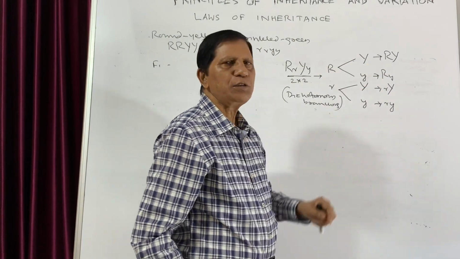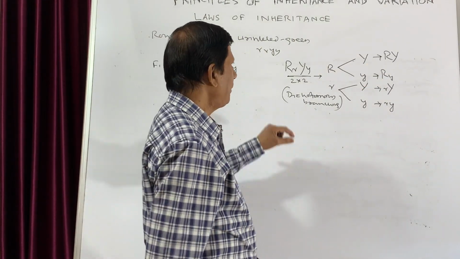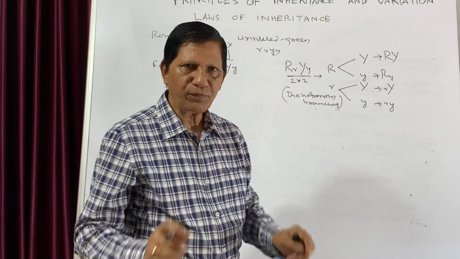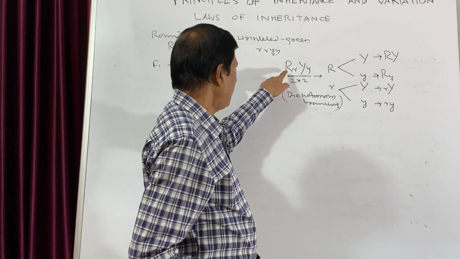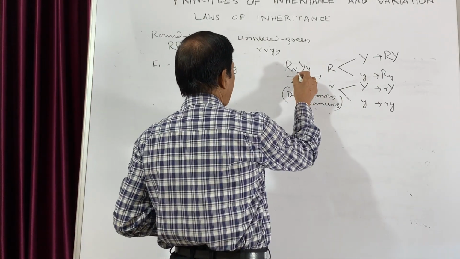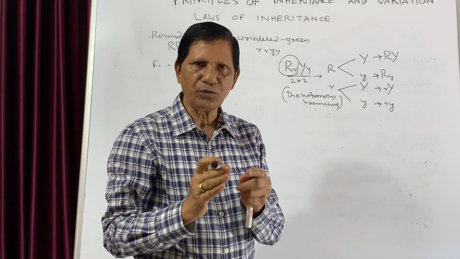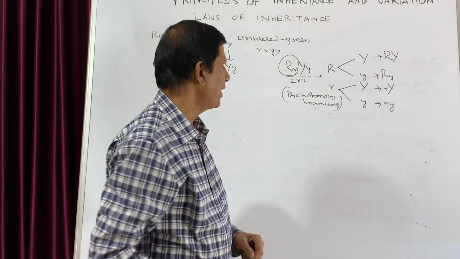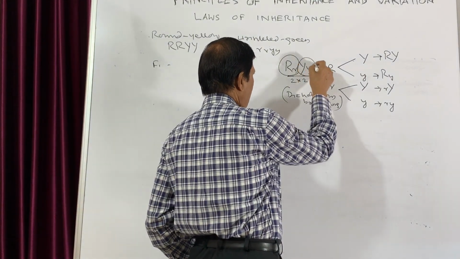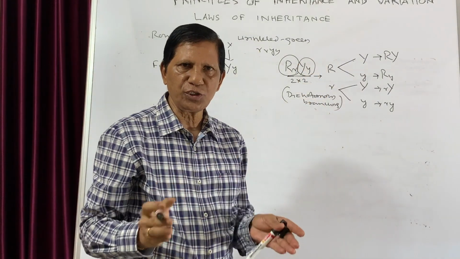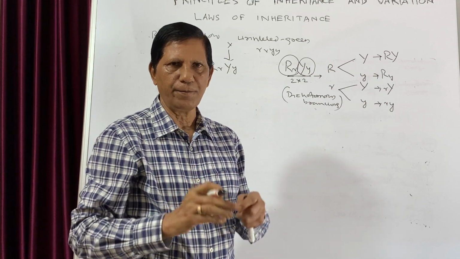Now, how is it possible? During gamete formation, capital R and small r belong to the shape of the seed, and capital Y and small y belong to the color of the seed, whether it will be yellow or green.